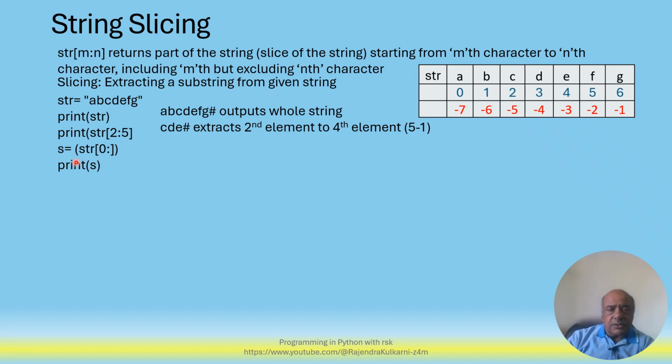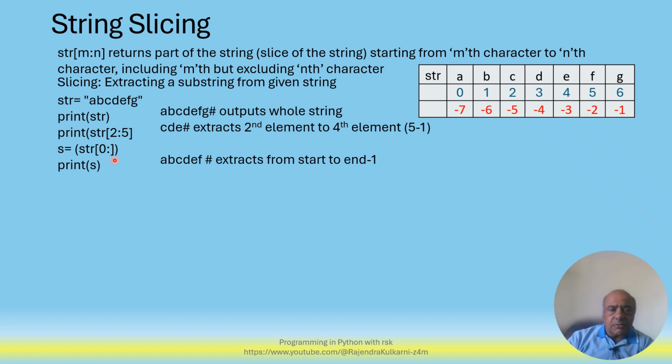Another way is s equal to str[0:], and there is nothing after the colon. So what we expect from this is the character at index 0 up to the character at the end of the string, but end minus 1. In this case n is 6, even though it is not mentioned here.